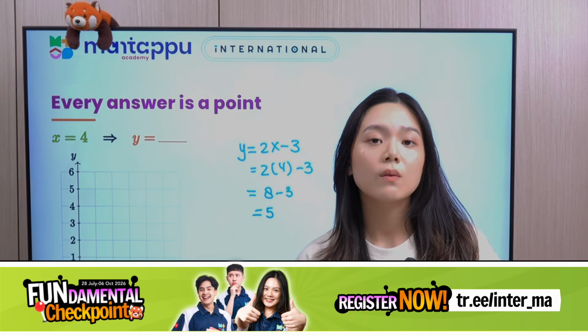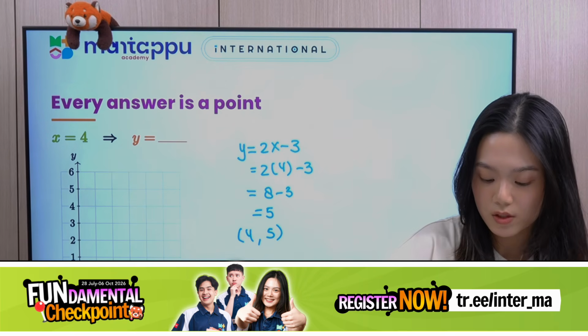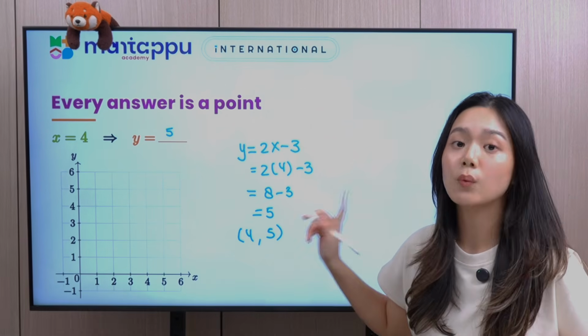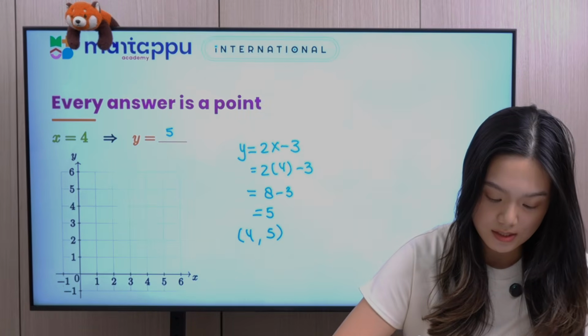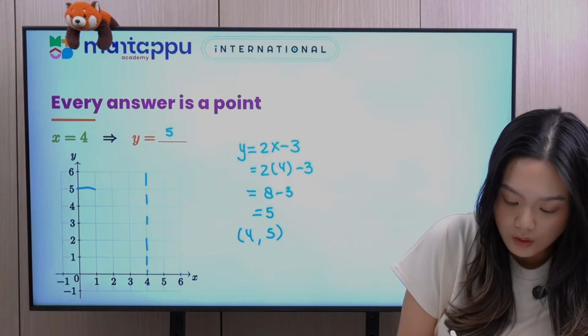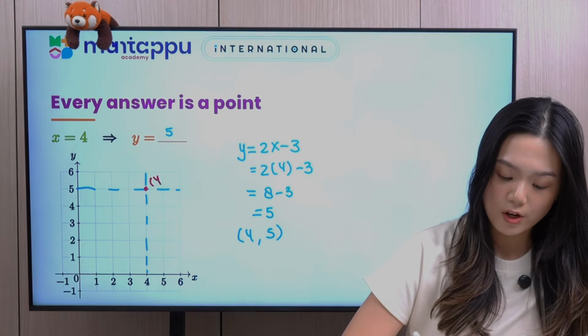That means we now have an output. When x equals 4, we have y equals 5. So this is the point that we will be plotting in our graph. When x equals 4, which is in this line, y equals 5 here. So now we have our first point here, which is (4, 5).